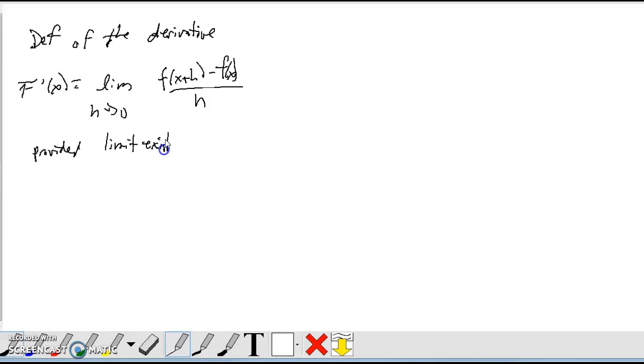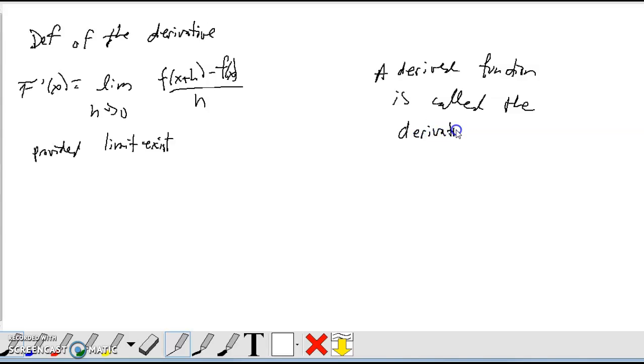So the derivative is just representing your function, what your slope is called. A derived function is called the derivative. And we definitely use f prime of x.